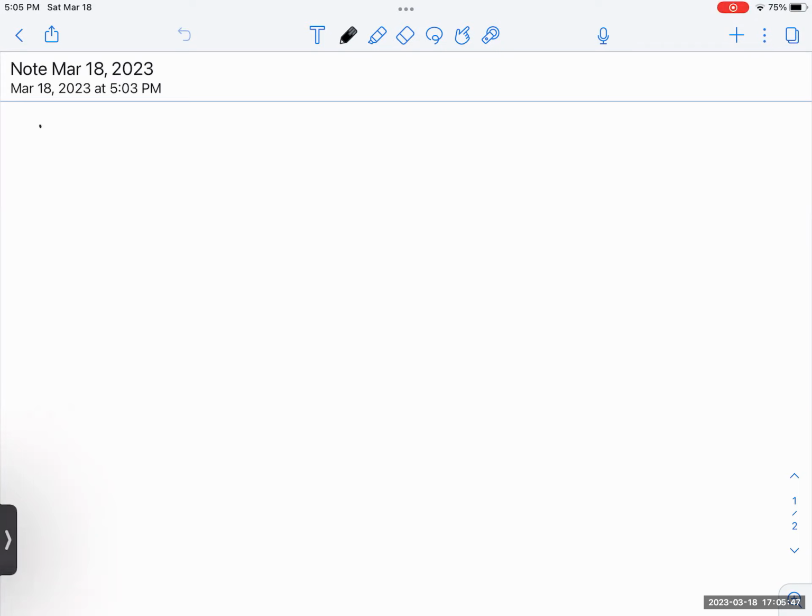So we have nomenclature, indicating products, indicating reagents, synthons, which I know you all love synthons.